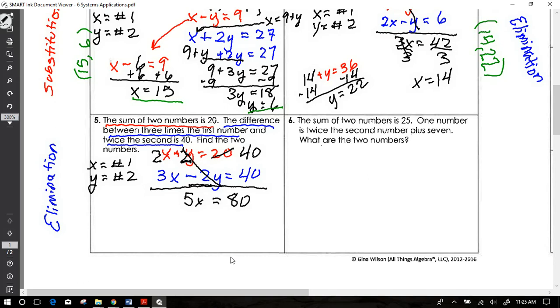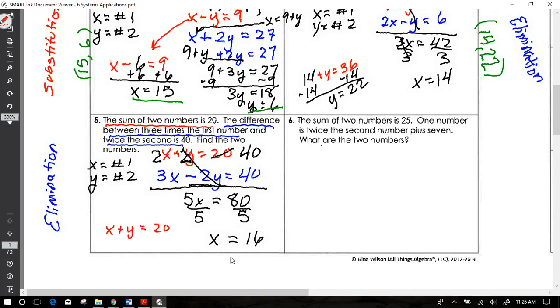Now let's divide by 5 on both sides to get that x by itself. And 80 divided by 5 is 16. So remember what I do now. I'm going to pick an original equation. So let's do the red one. The x plus y originally equaled 20.